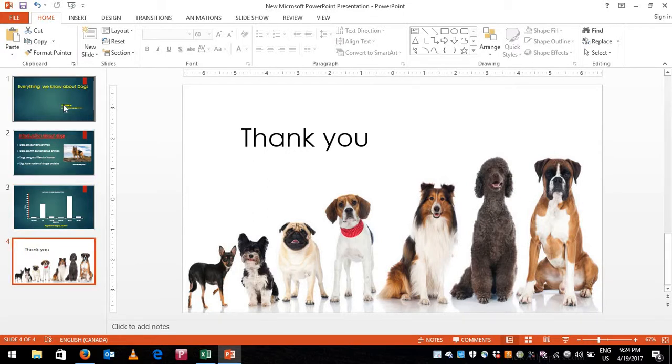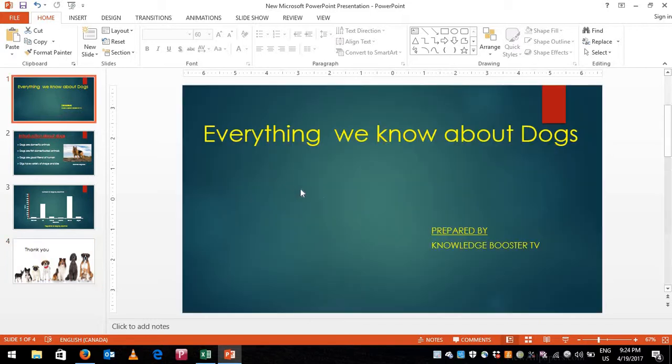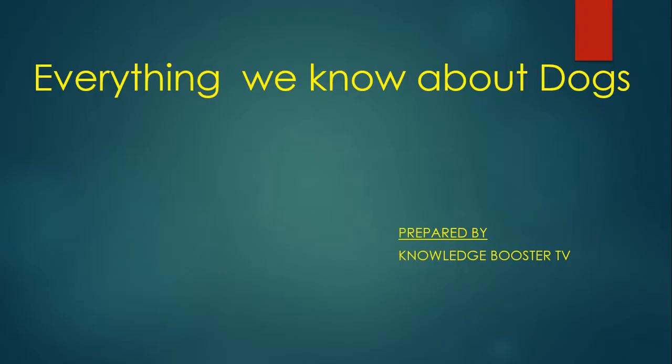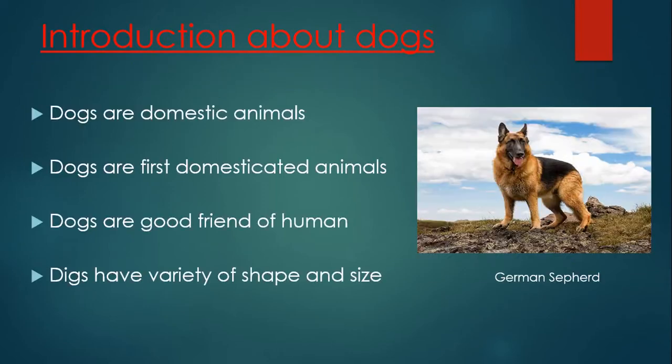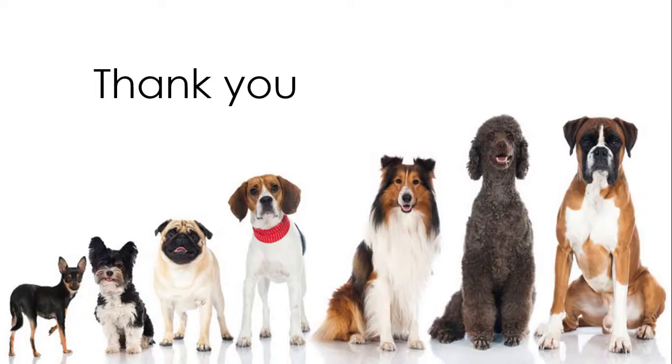If you want to make it full screen, go to the first slide and click here, which gives you the option of showing the slide. Click here, and now you can talk about your presentation. If you click the side button, or just click the mouse, it will take you to the next slide, and again click mouse, and again click mouse, and this is the last slide.